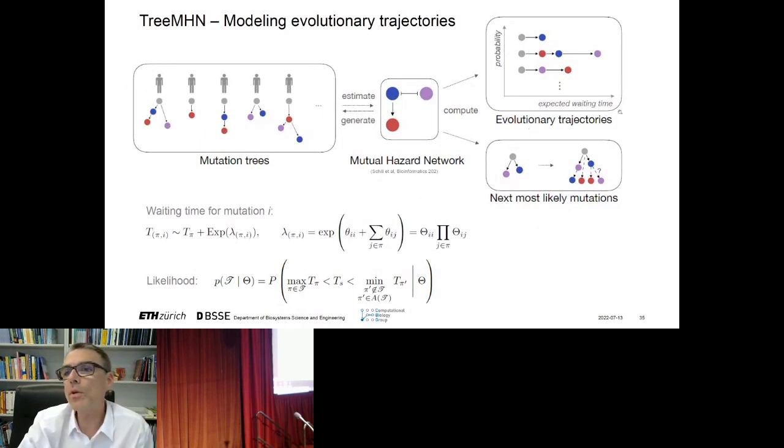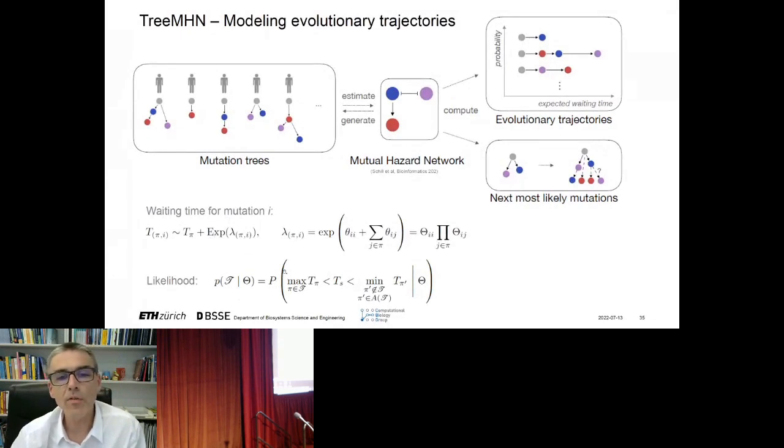From this model, we can compute individual evolutionary trajectories, their probability, and the expected waiting time of mutations to occur. We can also start asking, if you observe a certain tree, what is the probability of any of the other mutations occurring next? So what's the next most likely mutation? This model accounts for waiting times explicitly.